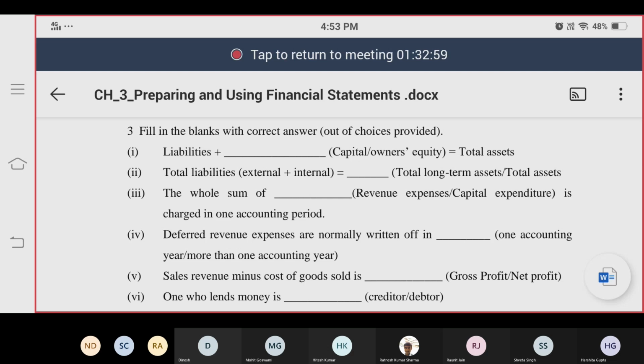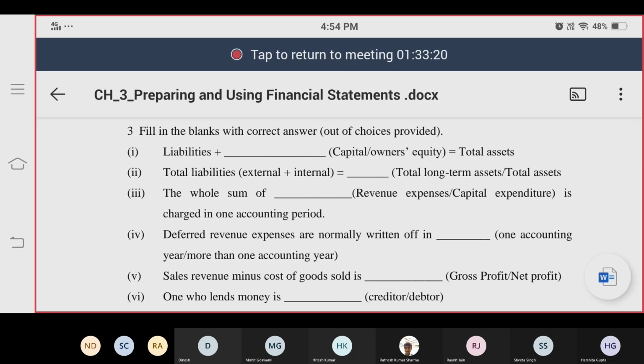Okay. If you remember, Ronit had also answered that, ma'am, owner's equity would include the profit that has been made. You remember that, Dinesh? Yes, ma'am. Okay, great. Thank you. The next is total liabilities, that is external plus internal is equal to now.